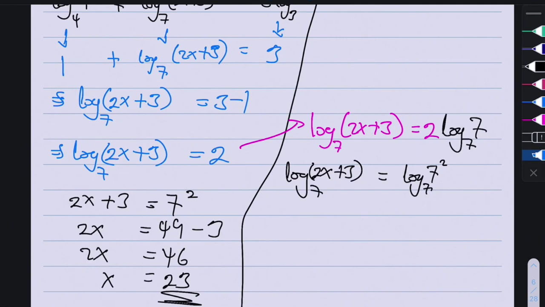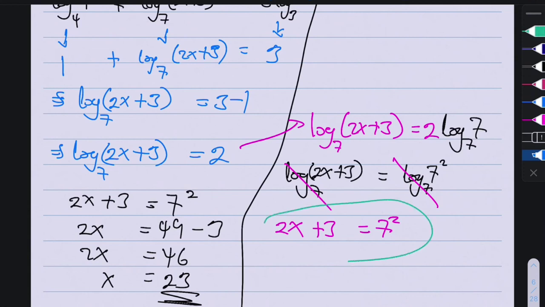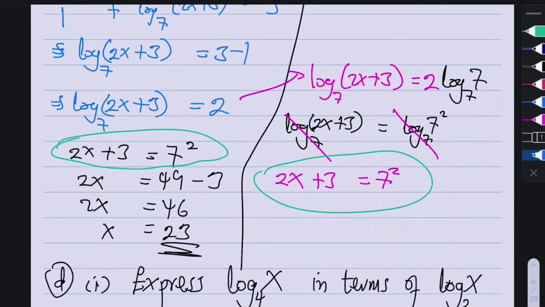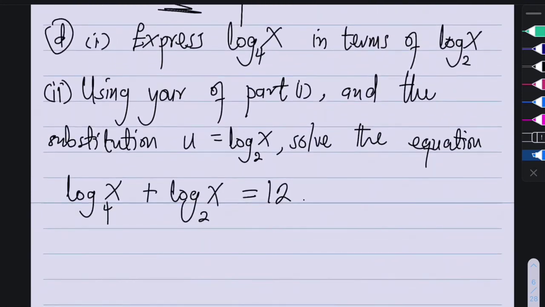And you can see that log 7 and log 7 will cancel out. So you have 2x plus 3 is equal to 7 square. And ladies and gentlemen, this particular argument that we have here is what we got there. All right. So there are options. There are options in add maths and maths in general. You don't have to stick to one thing, okay? All right. So from here, I know you can solve for x and you are going to get the same 23. So let's move on.